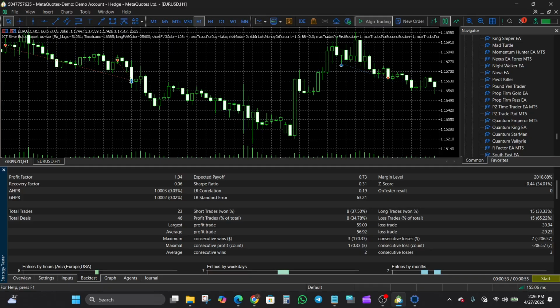At the same time, the results are highly dependent on correct configuration and market conditions. So, this is best suited for traders who understand the silver bullet concept, FVGs, and session based trading and want to automate that process. If that is your approach, then this EA can be a valuable addition to your trading toolkit. If not, there's definitely a learning curve involved.